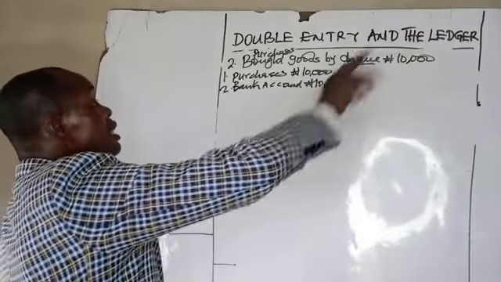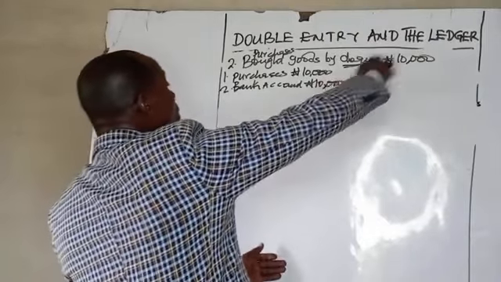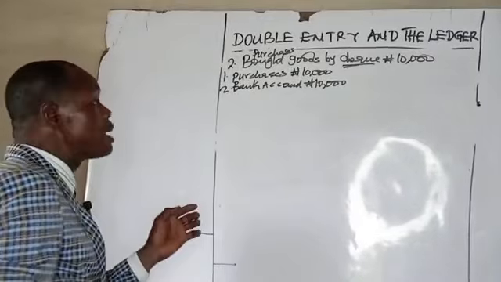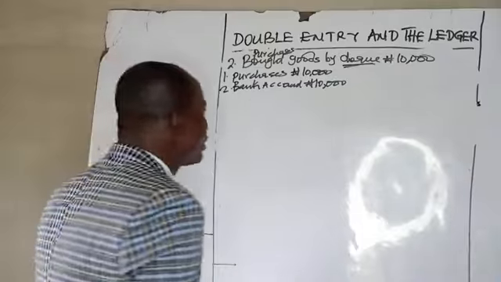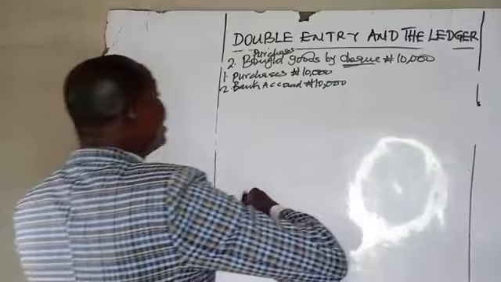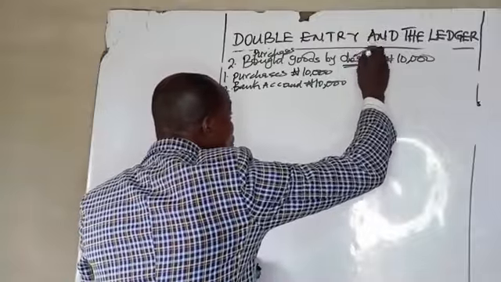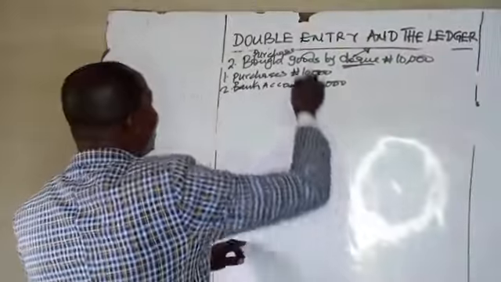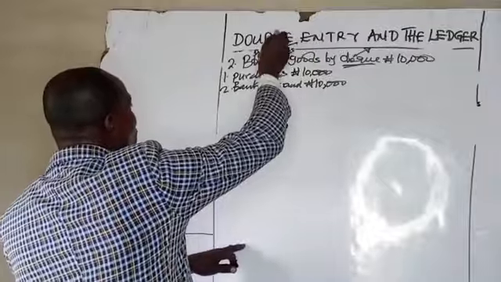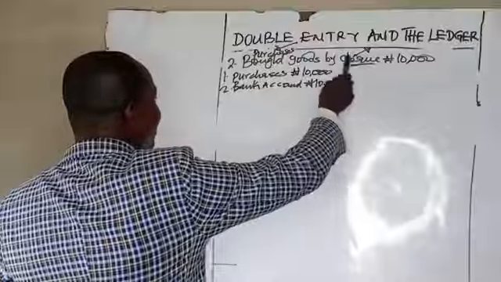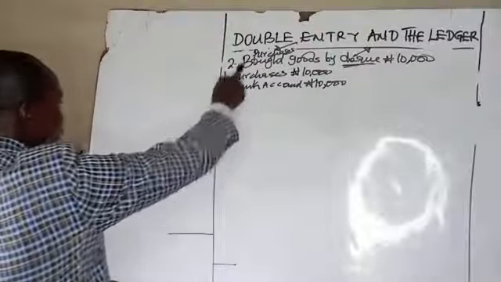That means the money is going out of your bank account. Then the goods are coming in the form of purchases. So the giver is the bank, while purchases is the receiver.